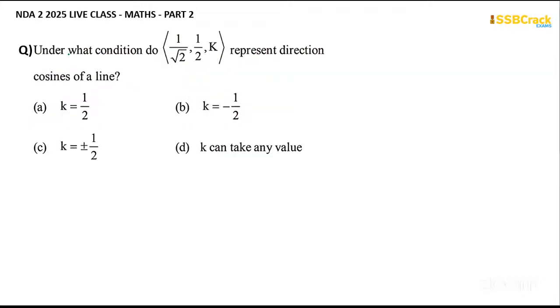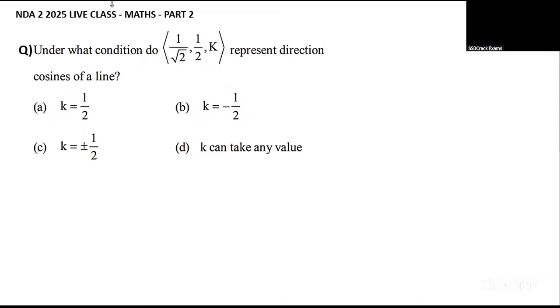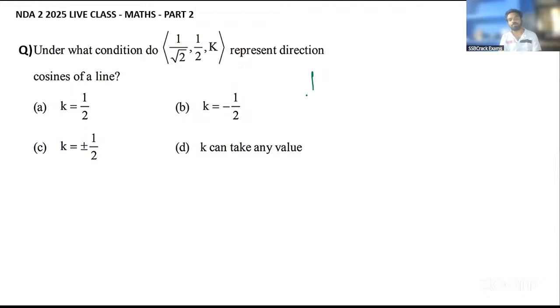Next question. It is asking under what condition these represent the direction cosines of a line. So it is asking about the condition. You know that I have told you a relation: if cos alpha, cos beta, and cos gamma are direction cosines, then cos square alpha plus cos square beta plus cos square gamma is equal to 1. You can apply this. So it will be 1 upon root 2 whole square plus 1 upon 2 square plus k square is equal to 1.